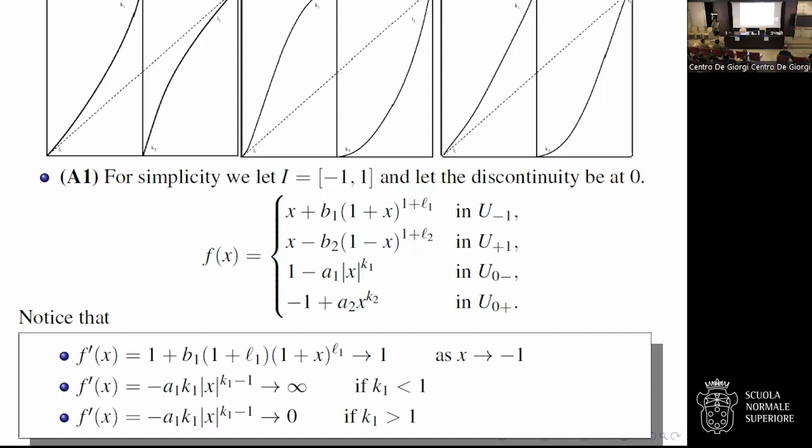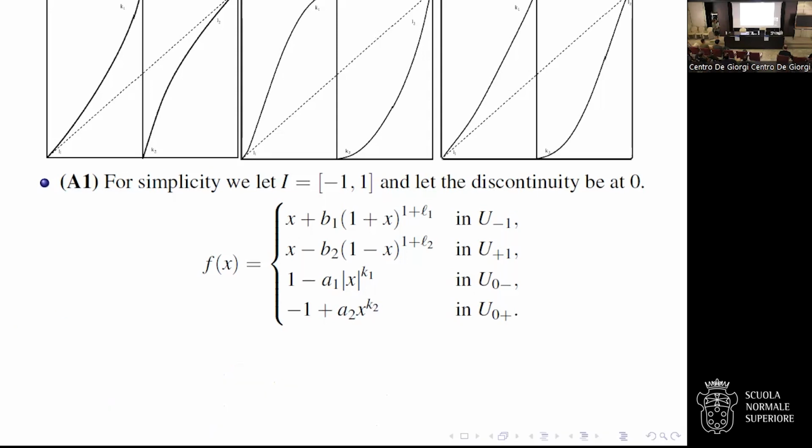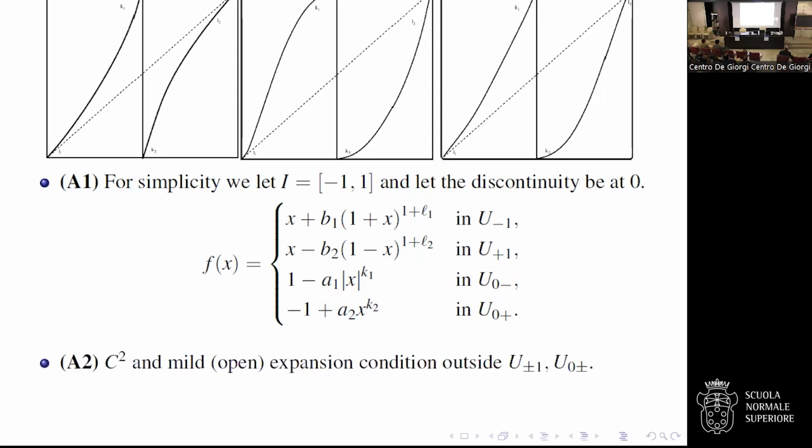And then our second assumption is very mild. What happens outside these neighborhoods? So we assume that outside these neighborhoods, the map is C2 and is expanding, essentially. If you have a critical point, then it's a little bit milder, but a bit technical, and I don't want to put it.